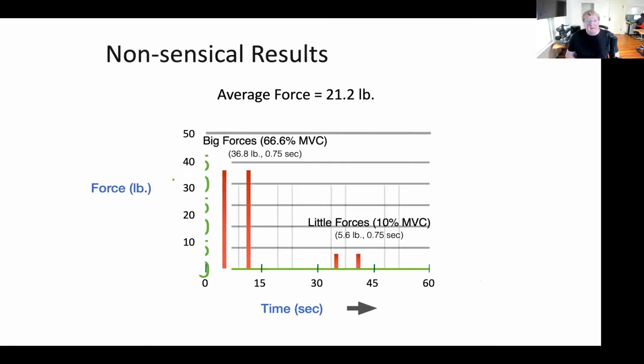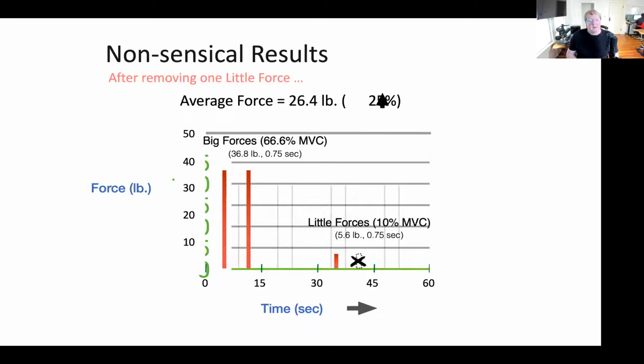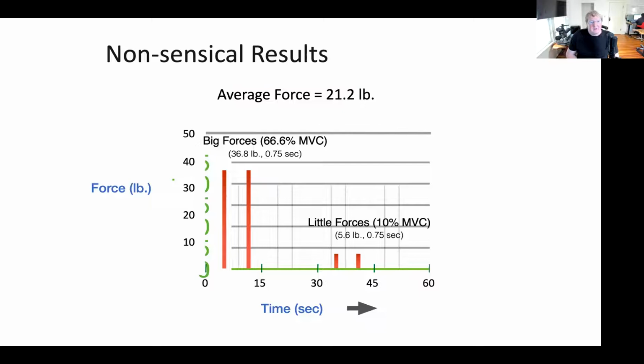Okay, the next slide. Now this shows an example of nonsensical results. Say we have 2 big forces, 36.8 pounds, and then we have 2 little forces. Well, what happens if we remove one of those little forces? If we go to the next slide. Well, I'm sorry, go back one. Okay, if we took an average there, our average force is 21.2 pounds.